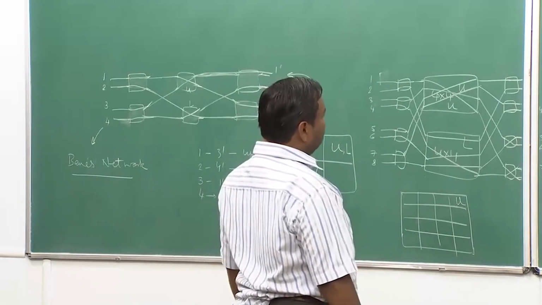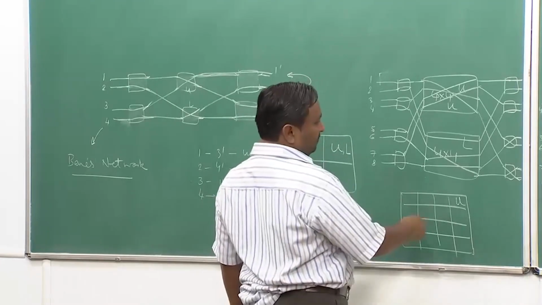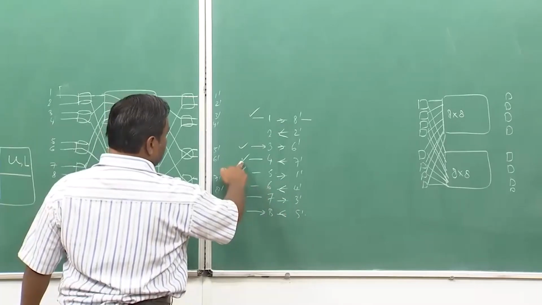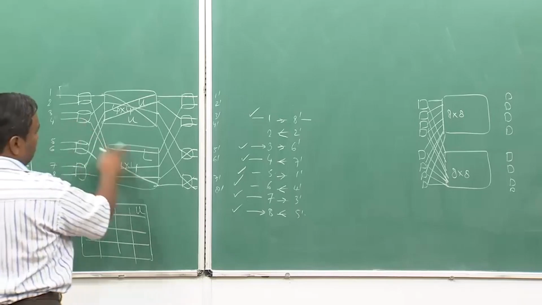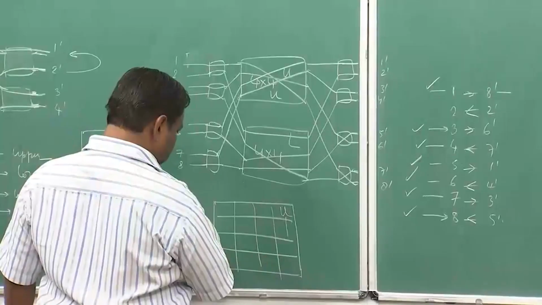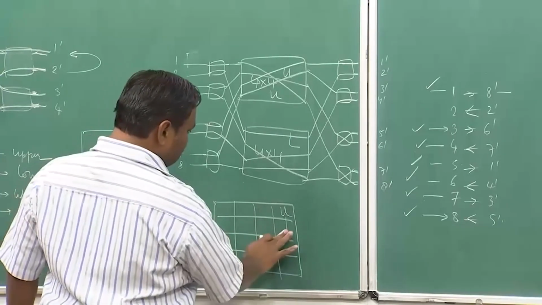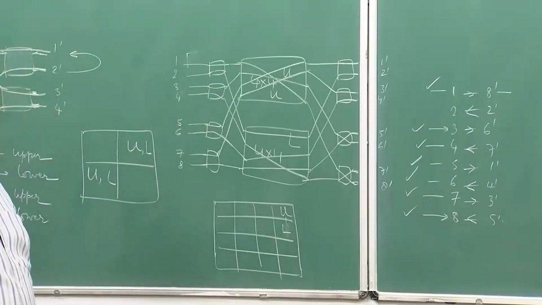So 1 to 8 prime, and when I am connecting 4 to 7 prime, this is going from bottom, which is this switch. So I am going here, 4 will be here, so I am putting a lower here for 4 to 7 prime, okay.